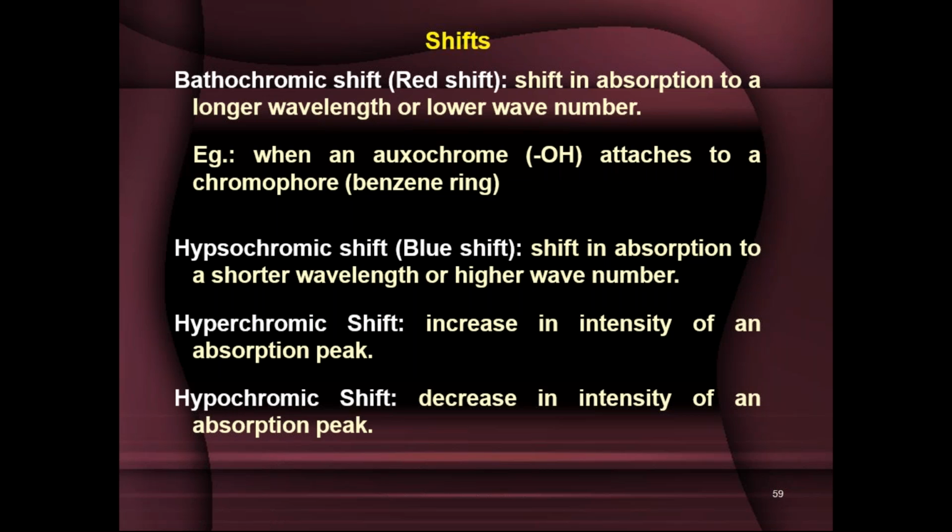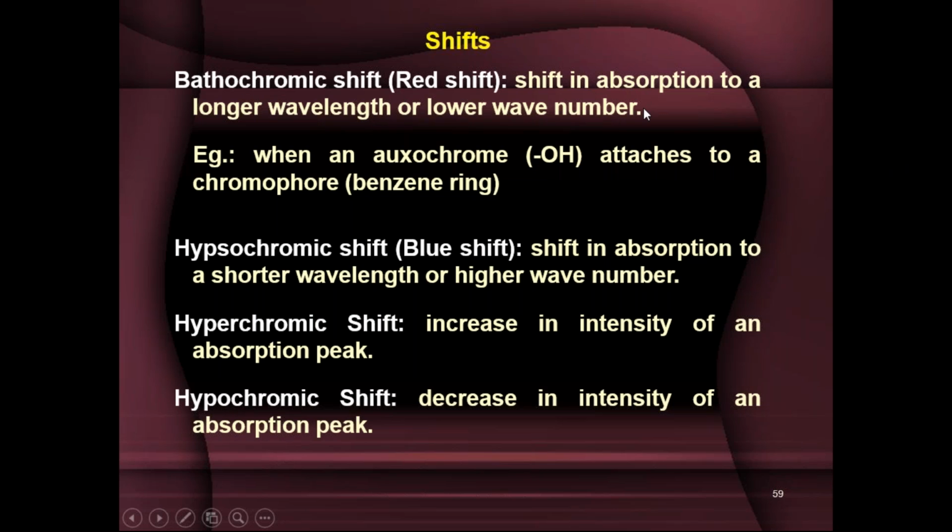It's a plot of the absorbance versus the wavelength, or a plot of percentage transmittance versus the wavelength, or percentage transmittance versus wave number. So on the y-axis of the plot, you could have either absorbance, percentage transmittance, transmittance, or log absorbance, whereas on the x-axis, we could have either the wavelength, frequency, or wave number. That is what an absorption spectrum is.